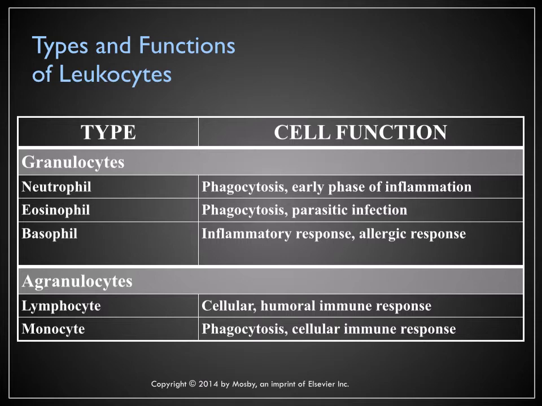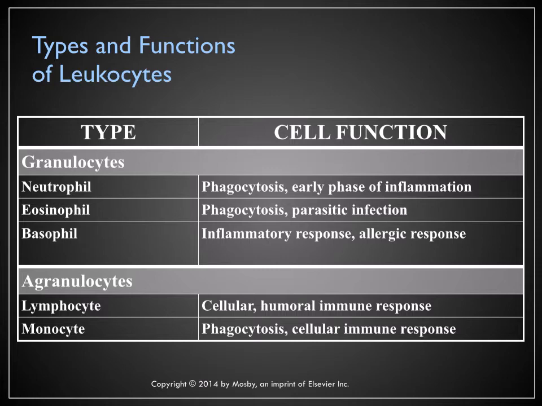A granulocytic leukocyte is one which has granules in its cytoplasm and is called a polymorphonuclear leukocyte. Agranulocytic leukocytes are those which don't have any granules in their cytoplasm and have only one discrete nucleus.